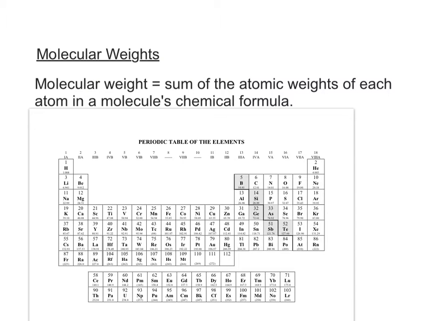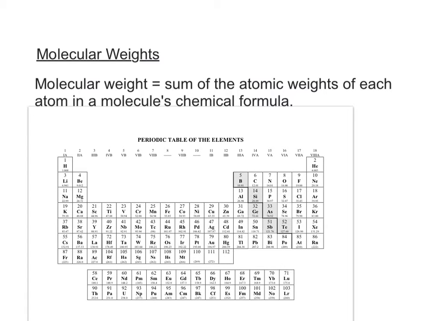In a previous class, we've talked about atoms having atomic weights. If you remember on the periodic table, we can find the atomic weight of an atom generally below the symbol for that element.